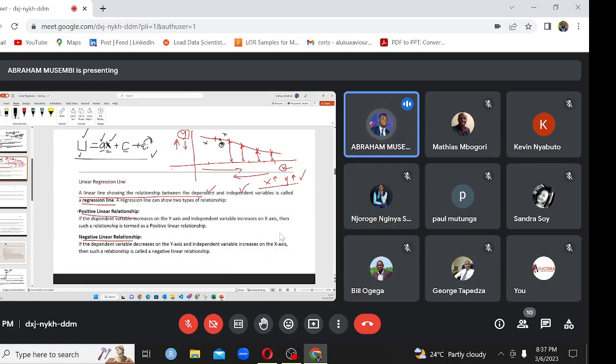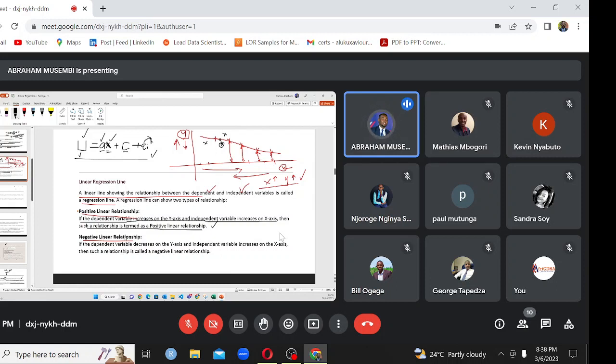A positive relationship happens when the dependent variable increases on the y-axis and the independent variable also increases on the x-axis. Such a relationship is termed a positive linear relationship, as I illustrated: when one variable is increasing, the other variable is also increasing.